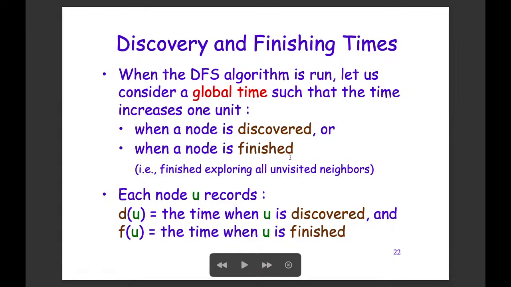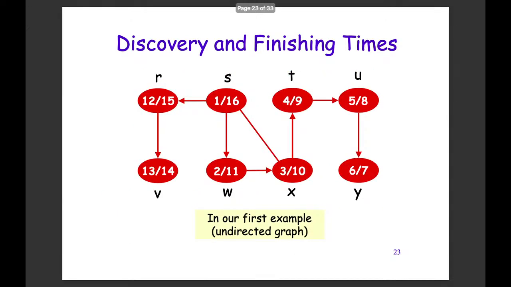To illustrate what I want to say, let's run this example. This is our first example, where we ran DFS on an undirected graph. S discovers W, W discovers X, X discovers T, T discovers U, U discovers Y, and then Y doesn't have anything to do.